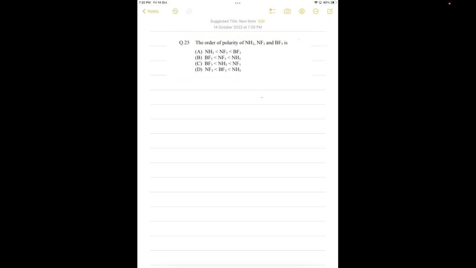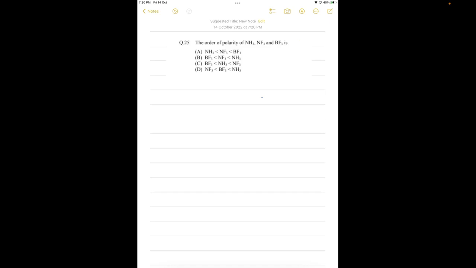Okay, here this is question number 25 from the 2012 paper: the order of polarity of NH3, NF3 and BF3. You have to find out the correct order of the polarity of these three compounds. The first option is NH3 less than NF3 less than BF3, which means BF3 is most polar.